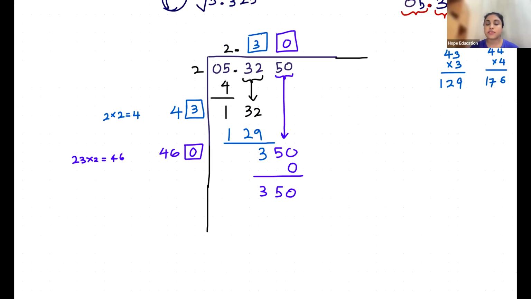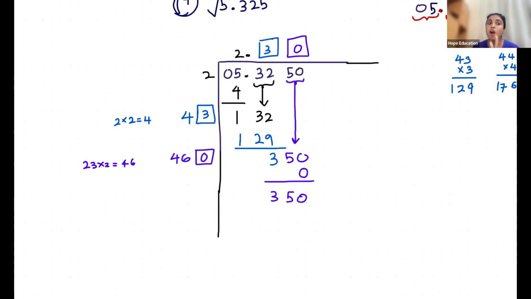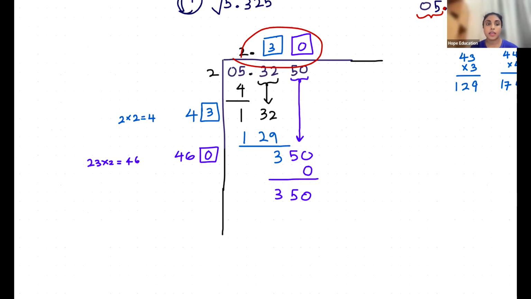One more time, because we have to find the answer accurate to 2 decimal places. If I want to find the answer accurate to 2 decimal places, I have to find for 3 decimal places and round off to 2. So here there is 230. Before that, there is nothing to bring down here.